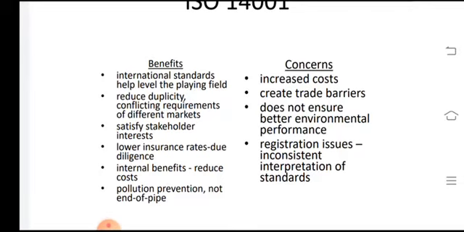Then it can create trade barriers, because unless you are authorized, you are certified, you cannot do business. So somehow it is hindering the freedom of conducting business in one way. It does not ensure better environmental performance.